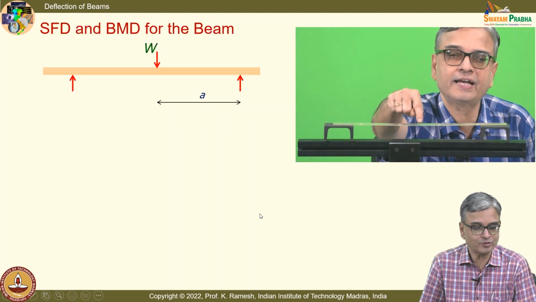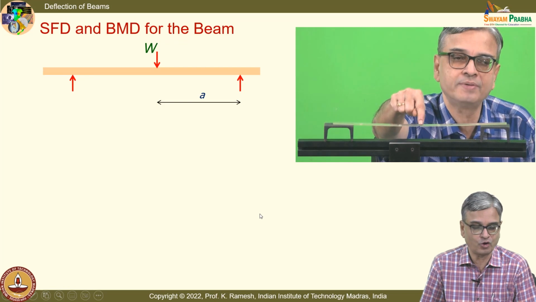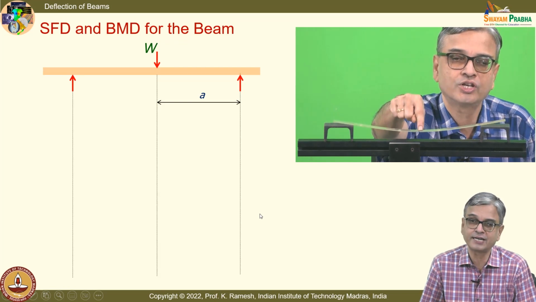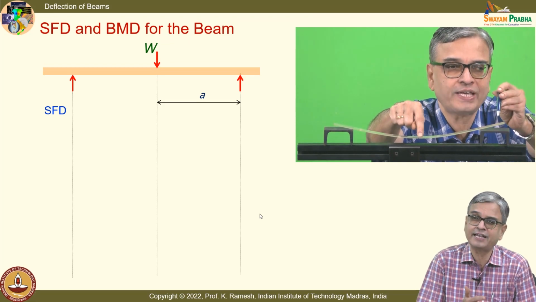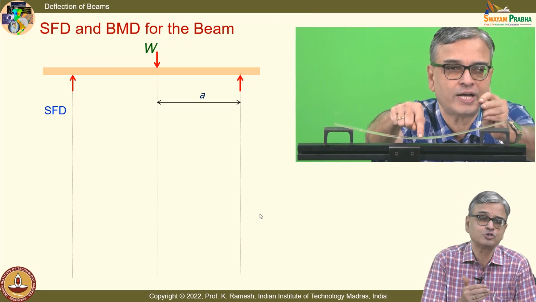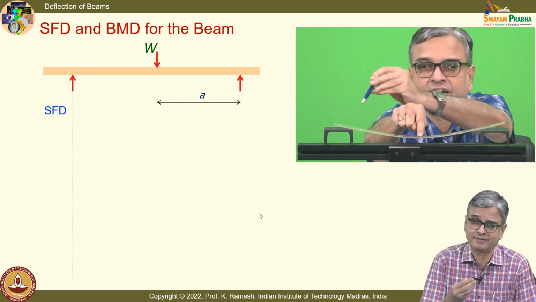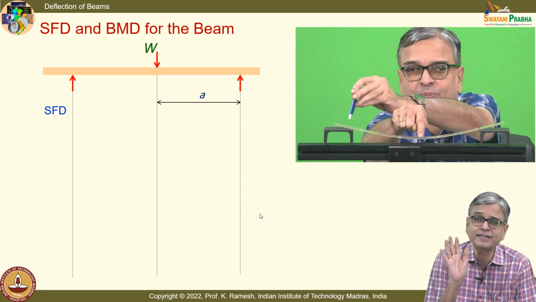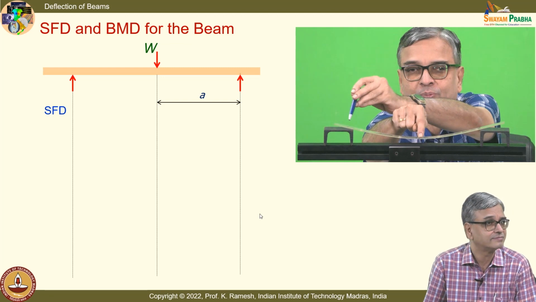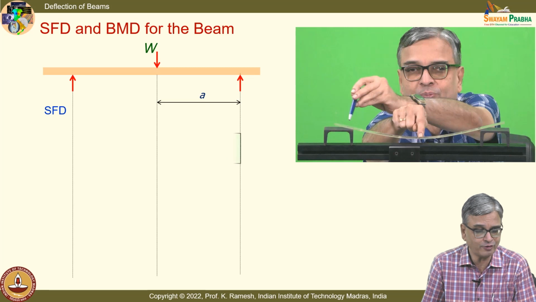So, we go back to our habit of drawing the shear force and bending moment diagram. I am showing this again and again, mainly because you should also pick up speed for these problems. By looking at the loading diagram, you should be able to draw the SFD without any intermediate calculations. And we do it from right to left.